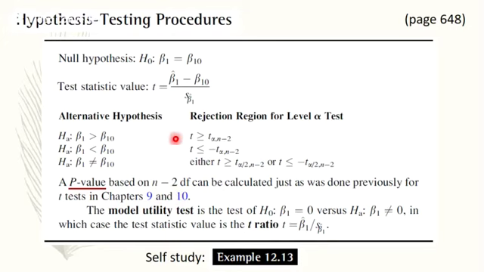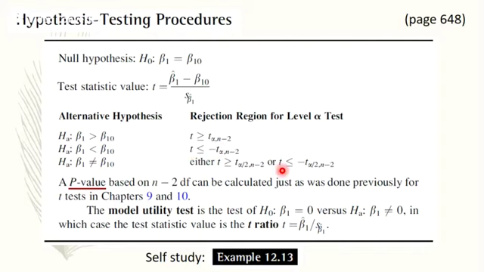For example, in this first case, it's a one-sided test. If you wanted the p-value, you would take the test statistic value and find the probability to the right of that value. In this case, you take your test statistic and find how much probability is to the left of that value.